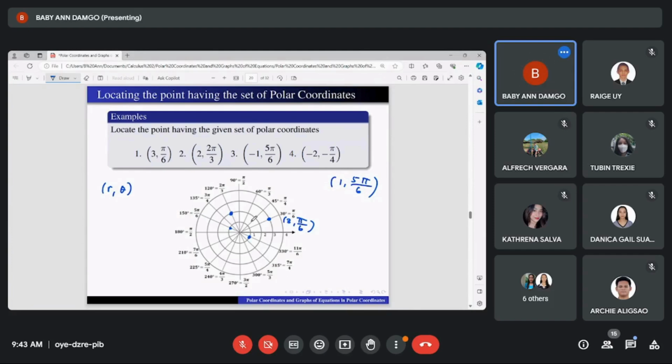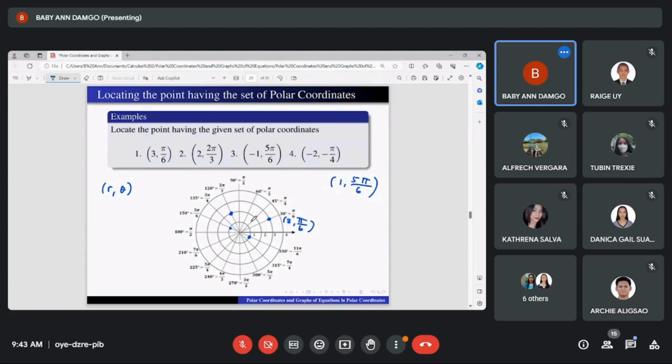Okay? So another, we have negative 2, negative pi over 4. First, we locate the 2, negative pi over 4. So we have a negative angle, and the meaning of a negative angle is just the direction.